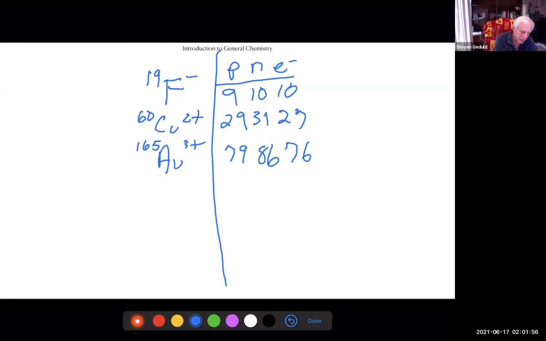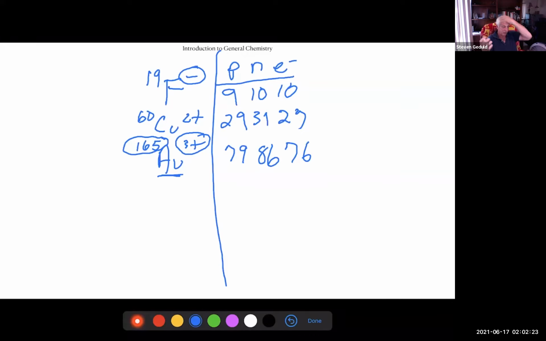This number is your mass number. That determines the number of protons plus neutrons. And you always know the number of protons because it doesn't vary for every element. This number determines your charge, the number of electrons you have. If it's positive, you have fewer electrons than protons. If it's negative, you have more electrons than protons by the equivalent number. All right, does that make sense?